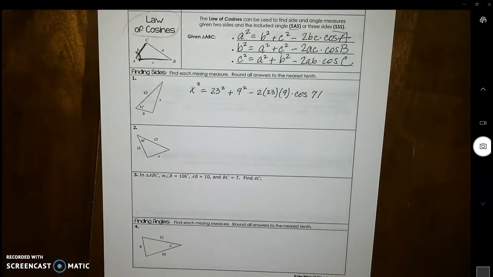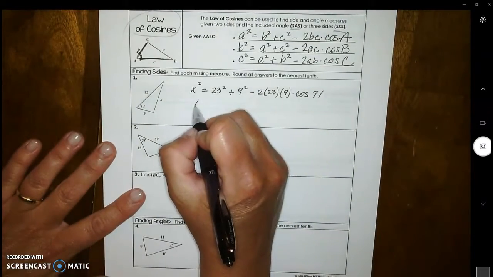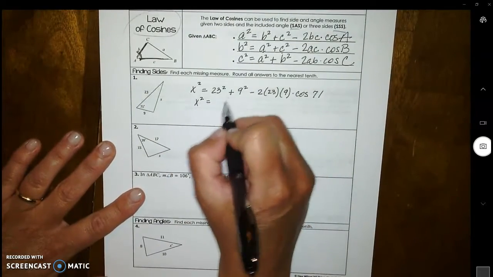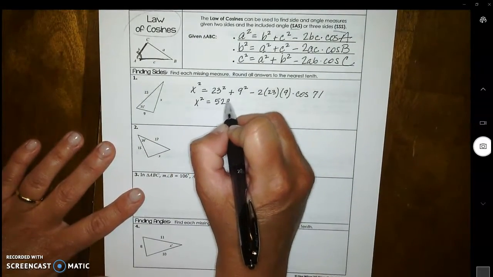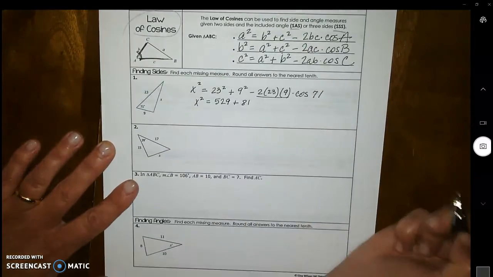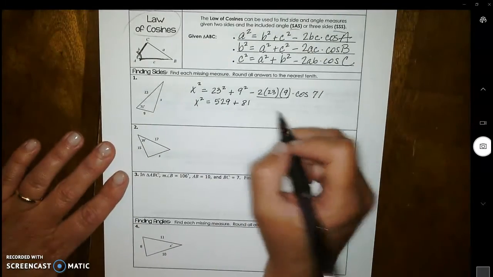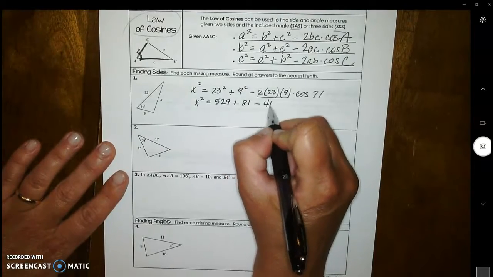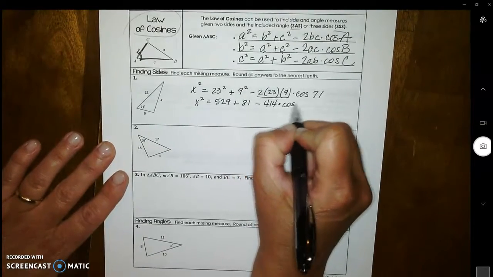So it's just a matter of typing some things into my calculator, okay? I end up with, let's see, 23 squared is 529. 9 squared is 81. 2 times 23 times 9 is 414, times the cosine of 71.